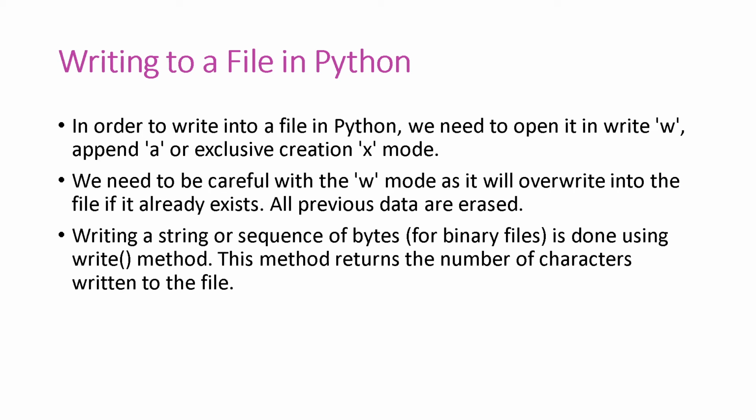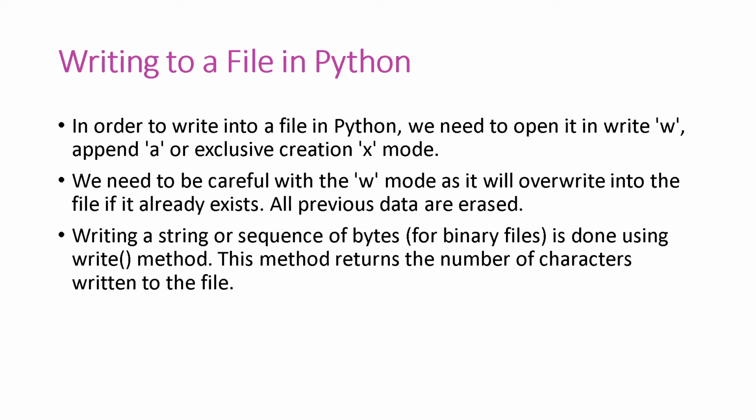In order to write into a file in Python, we need to open that file in either W mode for write, A mode for append, or exclusive creation mode, which is X. When we get to our demonstration in just a moment, we'll actually use that exclusive creation mode.